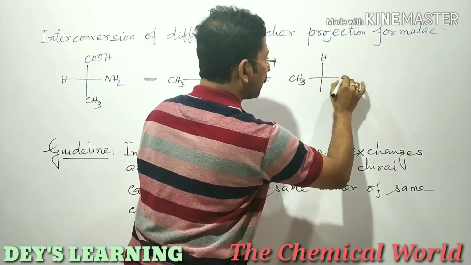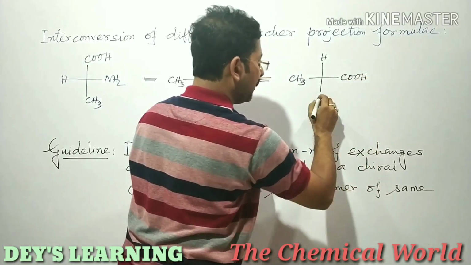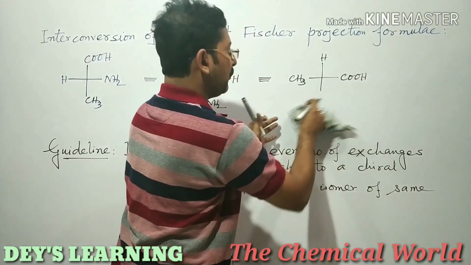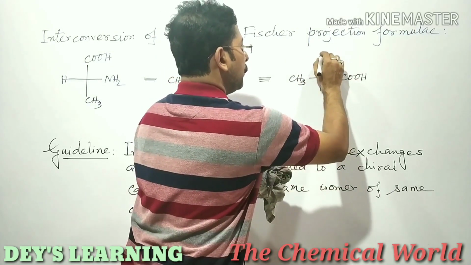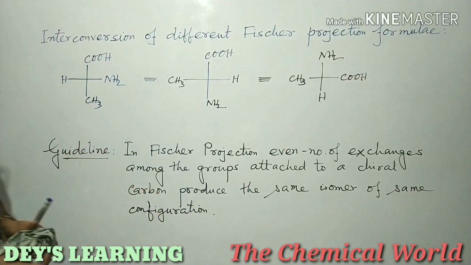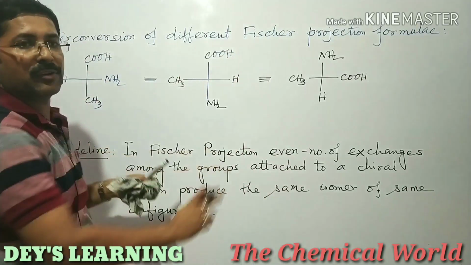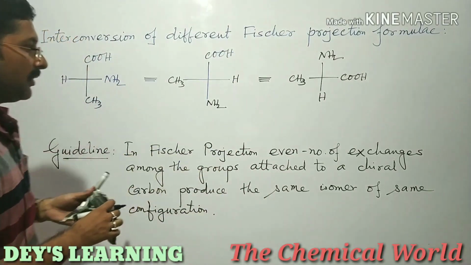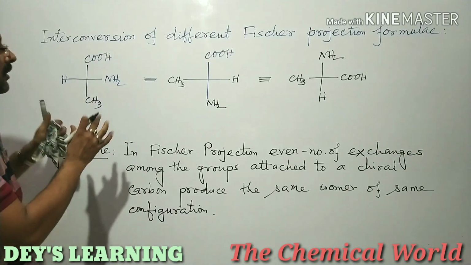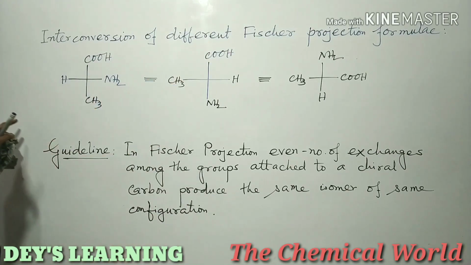Hydrogen will go there, COOH will come here, NH2 will go there, and if we take NH2 here and hydrogen here, it will produce the same configuration. So these three are actually the same molecule. We just examine whether these three are identical or not.